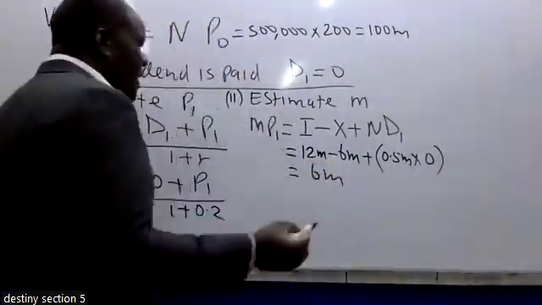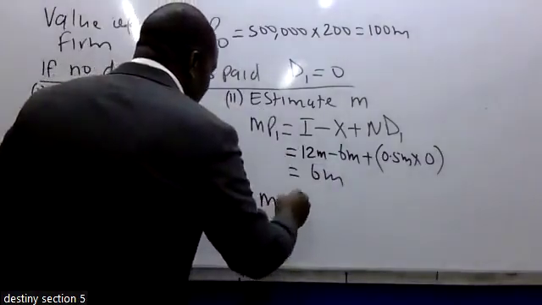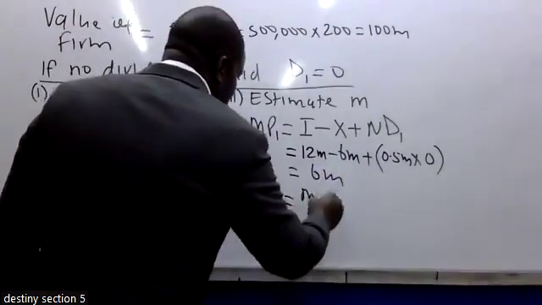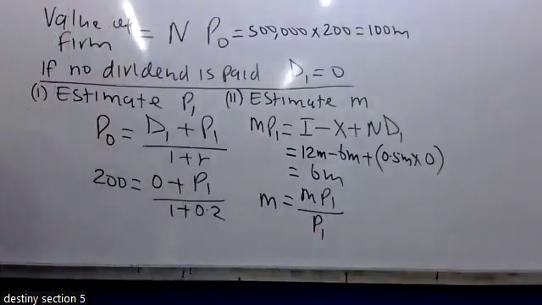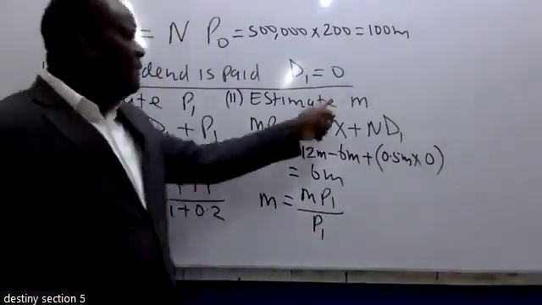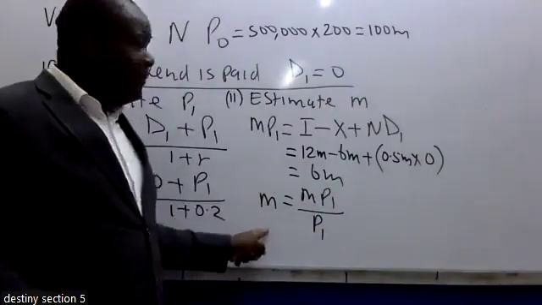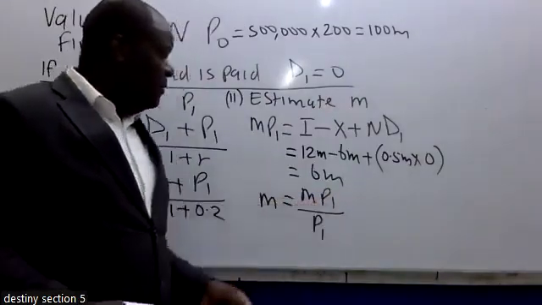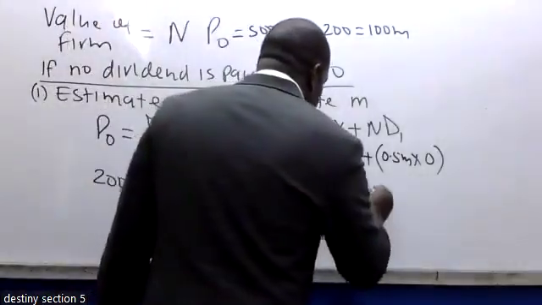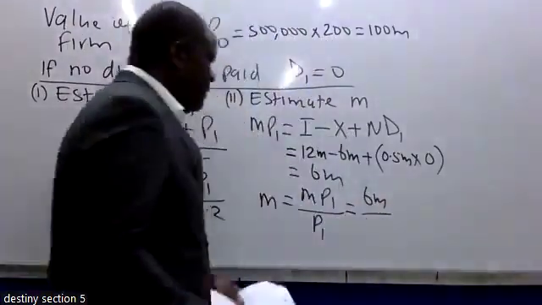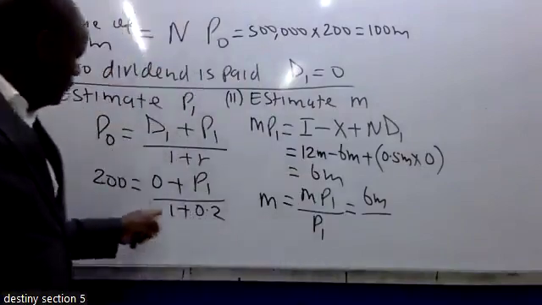So my concern is to calculate M. M will be MP1 divided by P1, like that. Because we want to get M, once we get MP1, simply get MP1 divided by P1. We have said that MP1 is 6 million. Then P1 is what you got here.